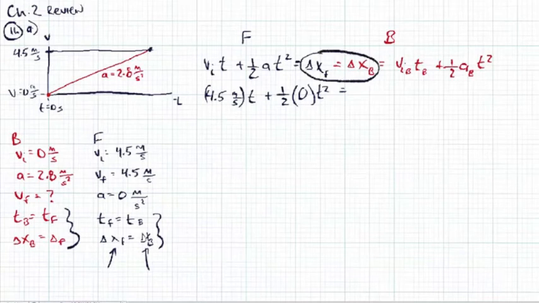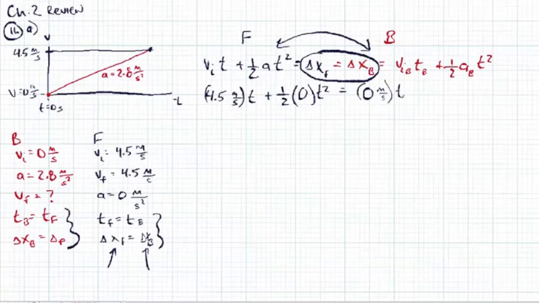Since the two displacements are equal, we can ignore them entirely and set the two sides of this equation equal to each other. That was the intent here, to solve for the displacements of both, which we know are equal to each other, and then set the two sides of the equation equal to each other. So this equals the initial velocity of the bicyclist, which is 0 meters per second, times time.